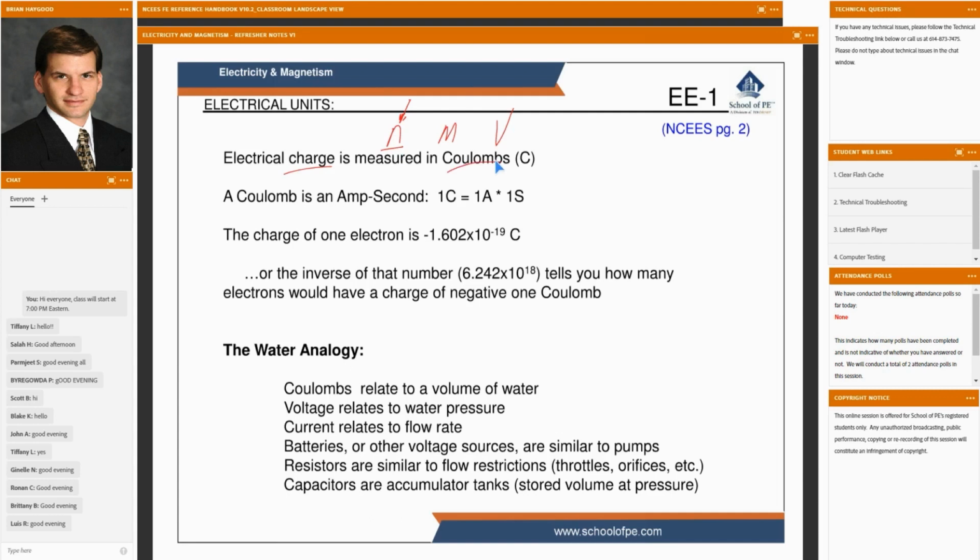A coulomb is the electrical effect, the charge, of a large number of, not atoms, but electrons. The charge of a single electron is 1.6 times 10 to the negative 19th coulombs, or 6.24 times 10 to the 18th electrons is how much it takes to build up one coulomb's worth of electrical charge. So coulomb operates a lot like moles.